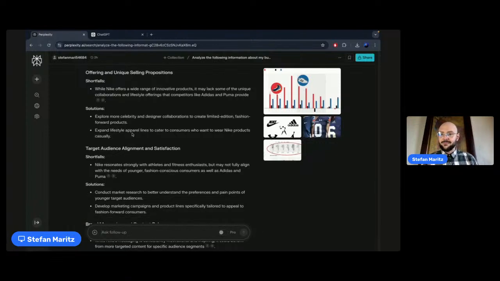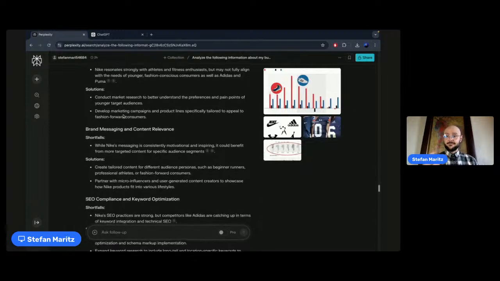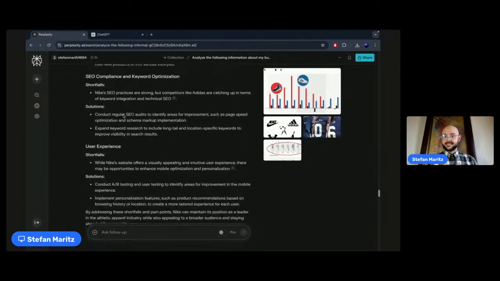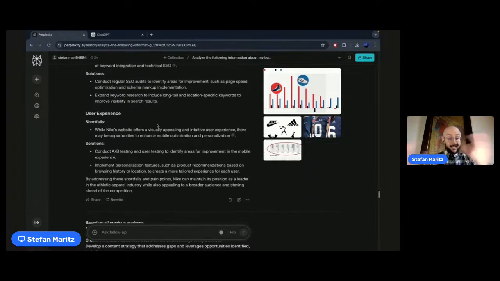A solution to that would be expand lifestyle apparel lines. Again, the same applies to the different categories, target audiences, brand messaging, SEO compliance, and user experience. So now you actually know where you should be better and how you should be better. And that, ladies and gentlemen, is how you do your entire comparison.